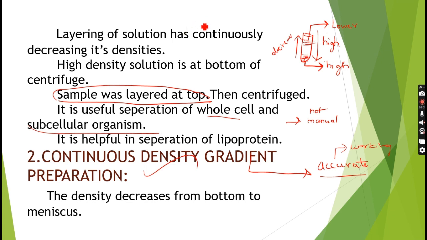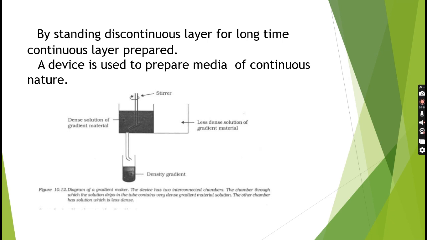In the discontinuous case the gradient densities differ more, but in the continuous density gradient preparation, the gradient is going to have density differences that are small. This can be prepared by this method.